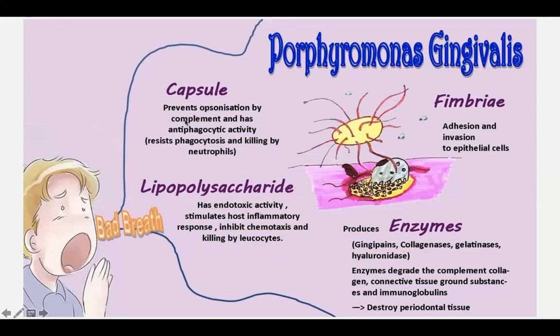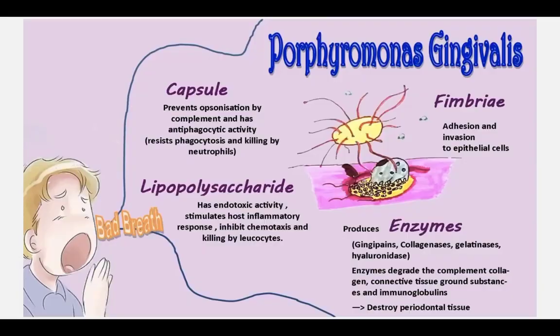From gingiva, gingipains, and from Colgate, you use the toothpaste, collagenases. And these enzymes degrade the complement, collagen. That's why collagenases, ases mean destructors, collagens, and gingipains mean pain in the gingiva. Perfect. Enzymes degrade the complement, collagen, connective tissue, ground substance, and immunoglobulin.